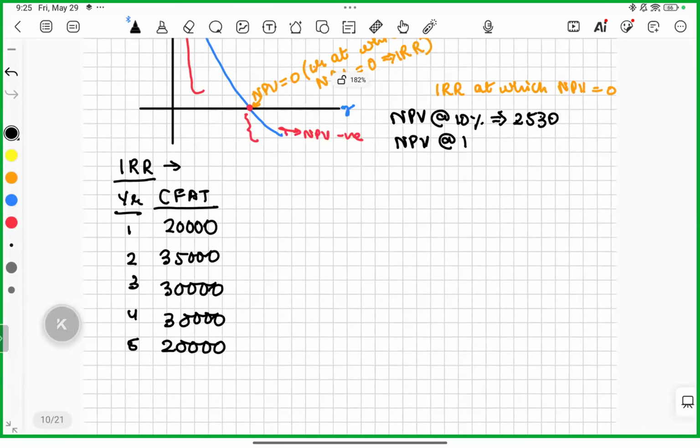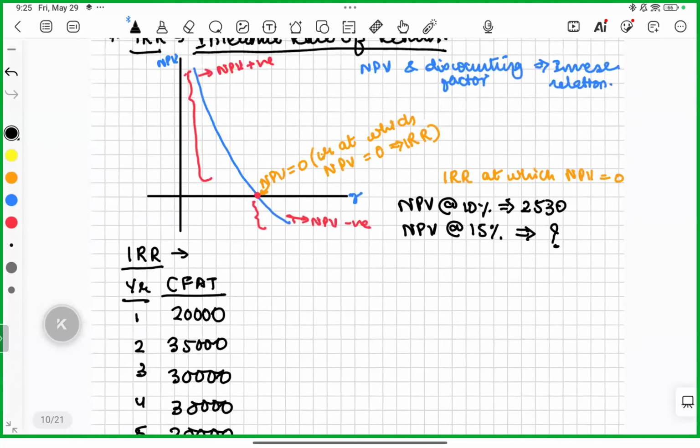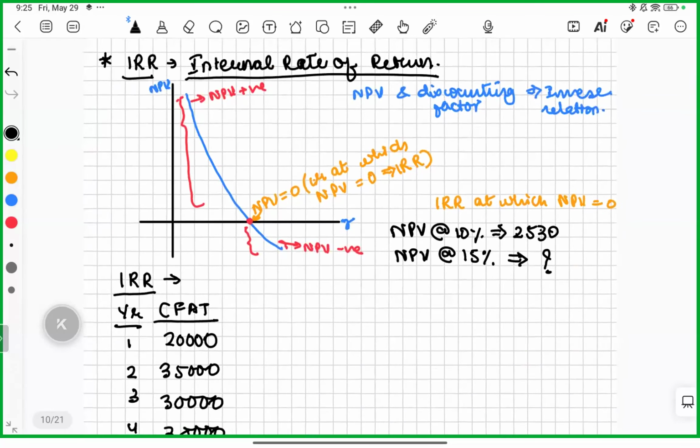So let us find out NPV at 15%. Now from where did 15% come? First of all, I have one positive NPV. I need one negative NPV. So to get negative NPV, you have to increase the discounting factor, because NPV and discounting factor have inverse relationship.